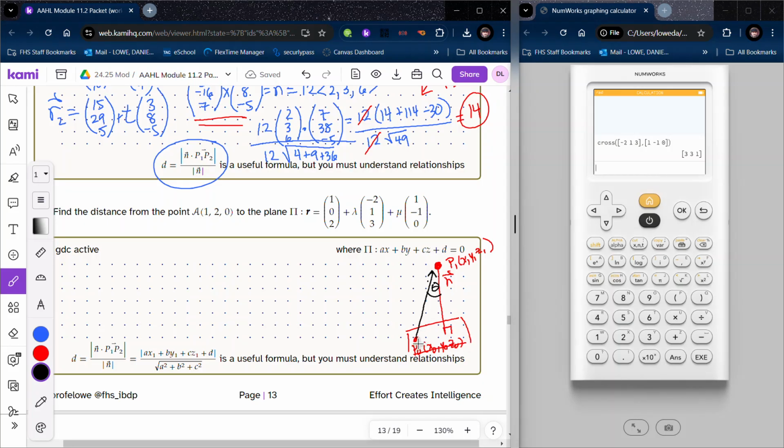The part of P naught to P1 that's in the direction of the normal vector is going to represent the distance from the point to that plane.